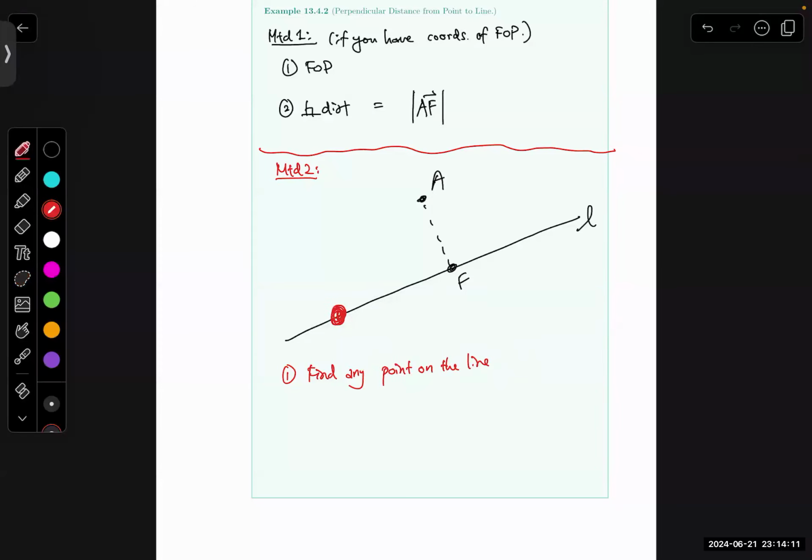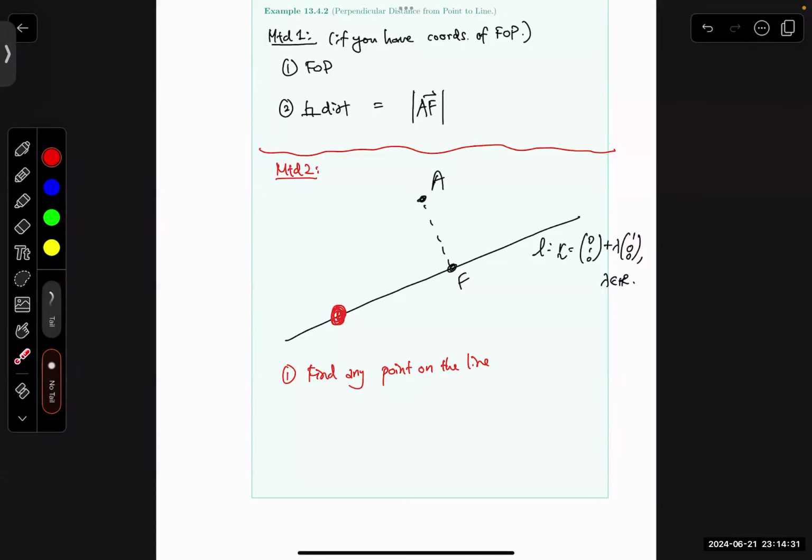Okay, so let's say my line equation is, I forget again, I think it's like this. Yes, correct. I can sub in any value of lambda to get me some random point, right? Doesn't really matter. Let's say I sub in lambda equals 1 into the line equation.